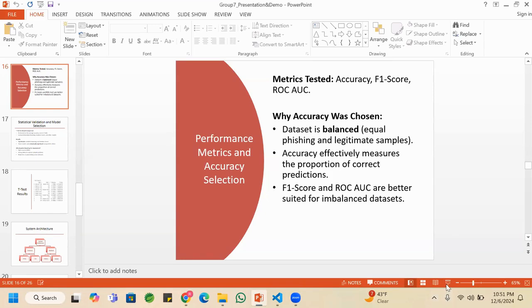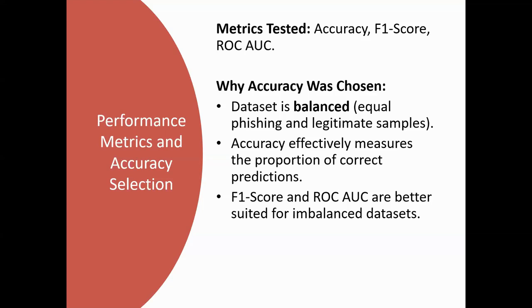Basically, we performed various metrics, that is accuracy, F1 score, ROC AUC. Let me give some brief explanation about each. Accuracy means the proportion of correct predictions out of total predictions, whereas F1 score means the harmonic mean of precision and recall.